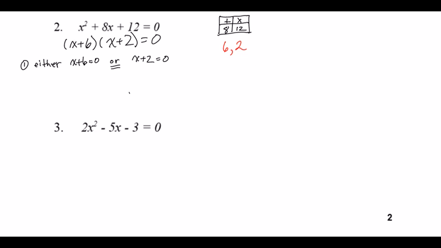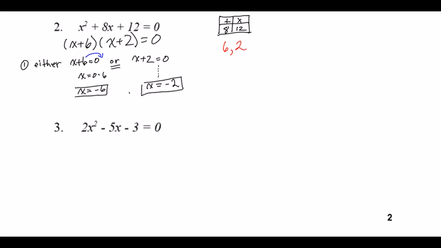In this case, for the first one, x plus 6, we move the 6 to the other side, and we end up with x equals 0 minus 6. And our final answer is x is equal to negative 6. And similarly, x plus 2 is equal to 0 turns into x is equal to negative 2.